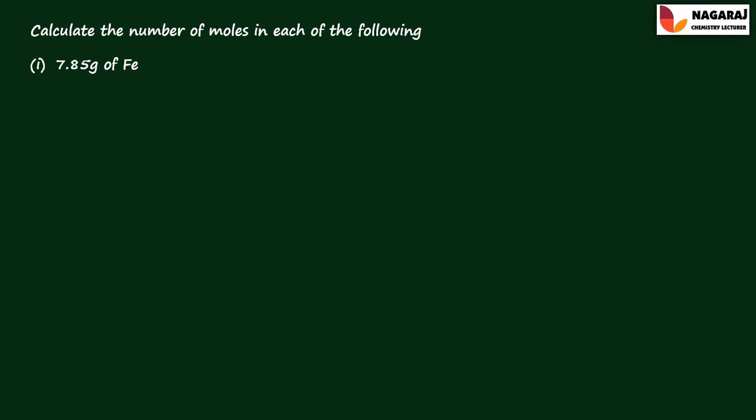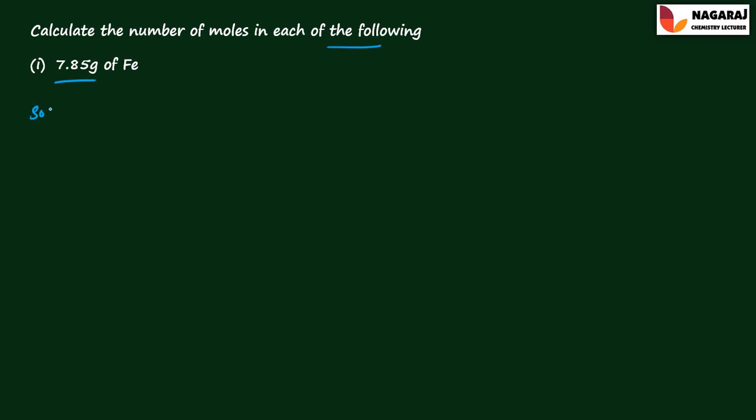And next, let us take one more problem, that is calculate the number of moles in each of the following. That is 7.85 grams of iron. So let us see how to calculate the number of moles present in 7.85 grams of iron.